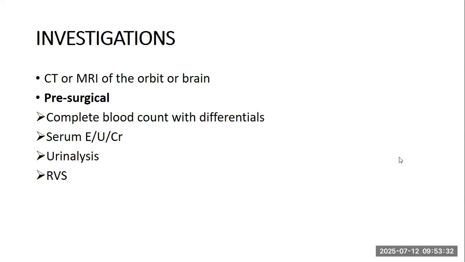Now, for children we intend to take to the theater for EUA, we would want to do all the investigations that are requested by the anesthetists. We want to do a complete blood count with differentials, and electrolyte, urea, and creatinine. The urinalysis will give a broad picture of the renal status of the child. We want to know, well, RVS, we want to have an idea.